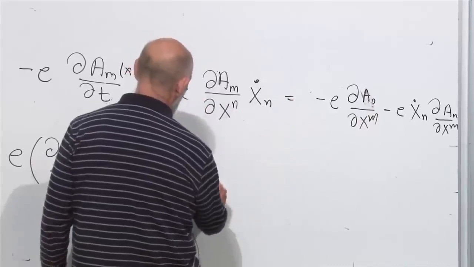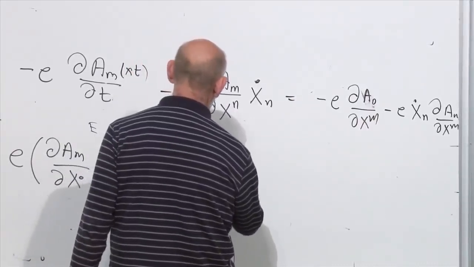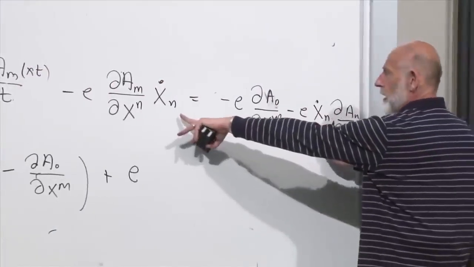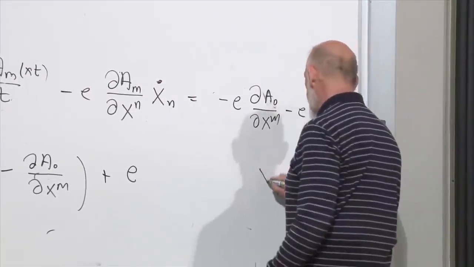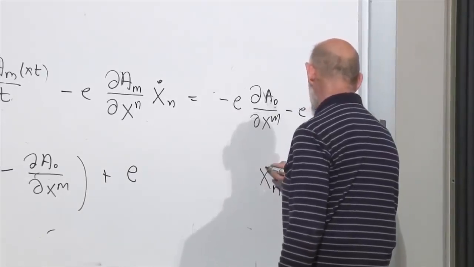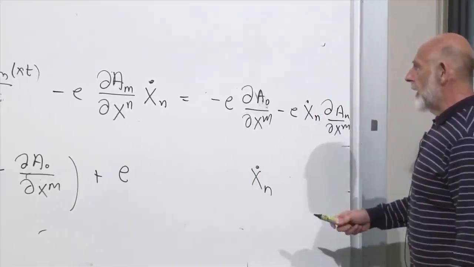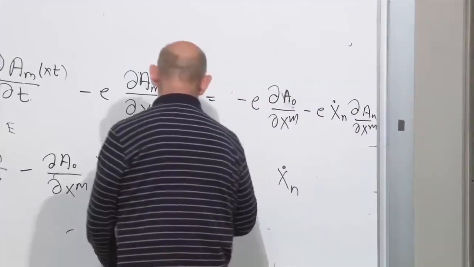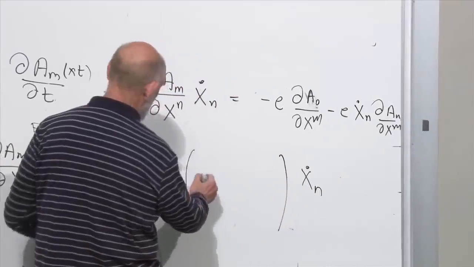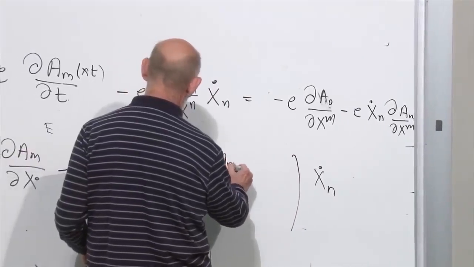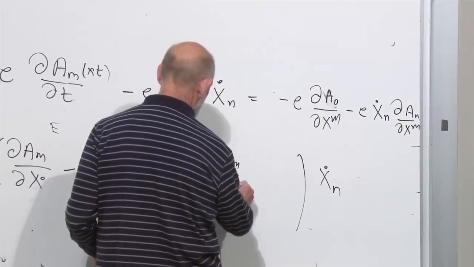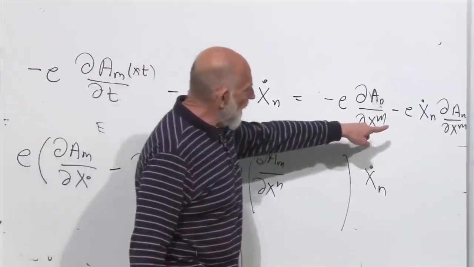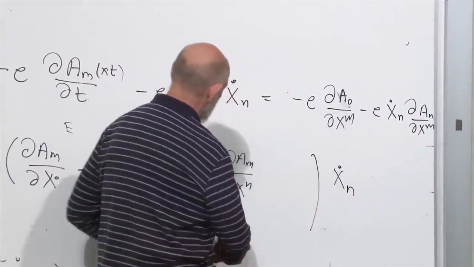We bring this one over on the right-hand side, so it's plus e. Both of them have xn dot, so let's put xn dot out here. One has dAm by dxn, and the other one has dAn by dxm.